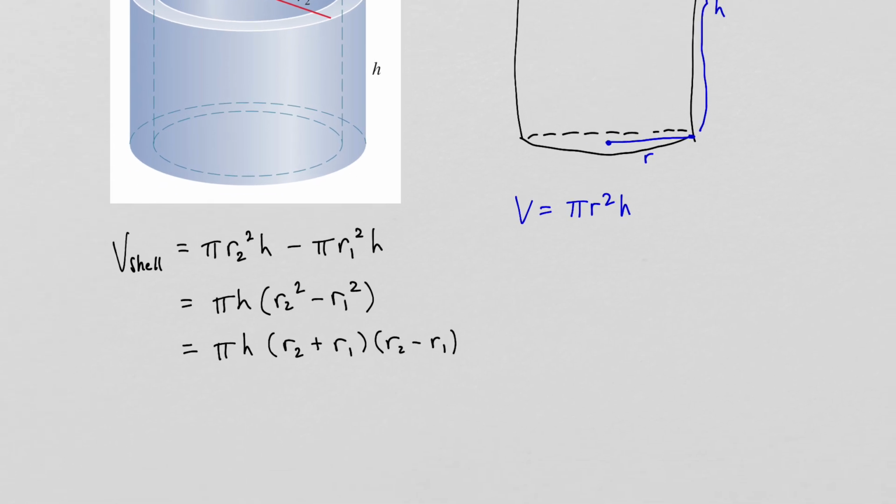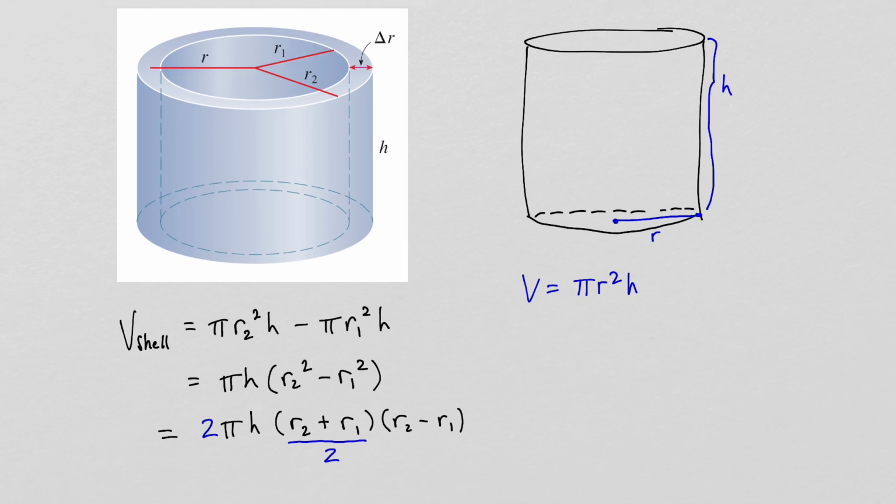And then I'm going to employ a little bit of a mathematical trick here, a mathematical manipulation. I'm going to divide this expression here by 2, and I'm going to multiply by 2 in front to cancel what I've done here. Now, why am I doing this? I'm going to explain. Let's go back to the diagram.